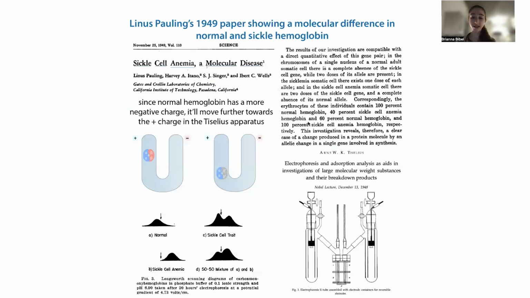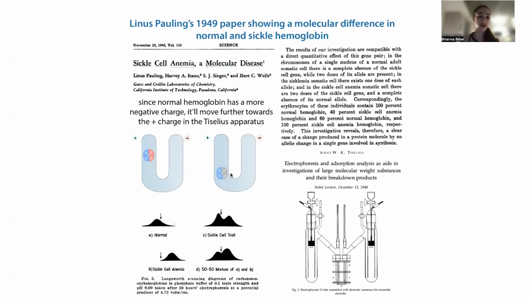In the earlier days, they used fancier equipment, definitely more difficult to work with. This is called a Tiselius apparatus, and it moves things from a positive charge to a negative charge. The molecules, depending on how charged they are, will go in different directions, and then you can read that out.